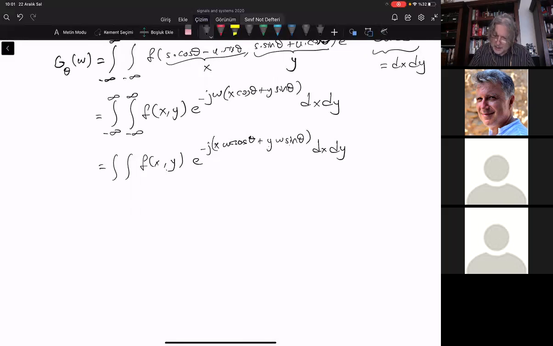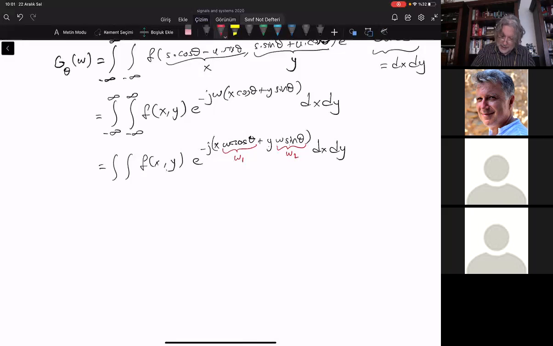Okay, and from here I see that this and this obey the rule of the Fourier transform. If you say that this is omega 1 and this is omega 2, it is like e to the minus j x omega 1 plus y omega 2 dx dy, which is the Fourier transform of f of xy.